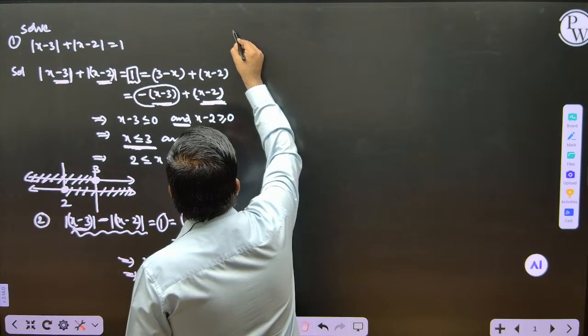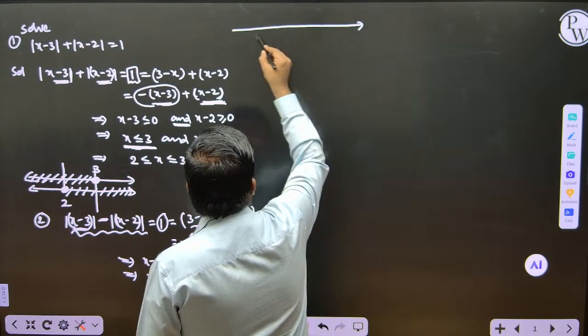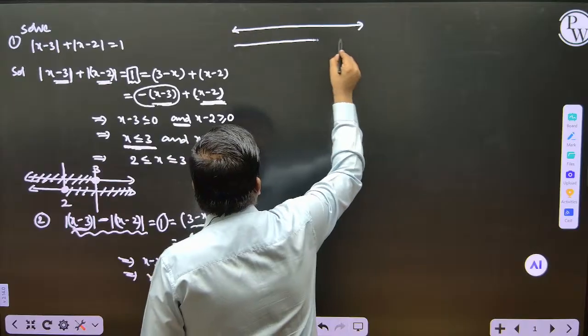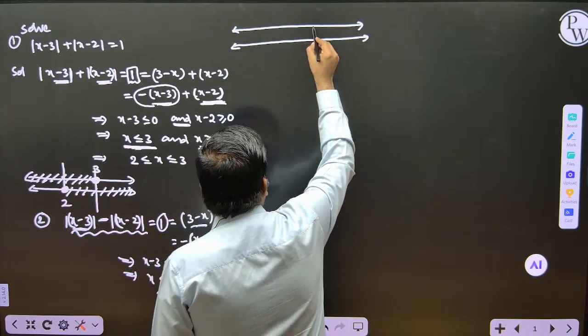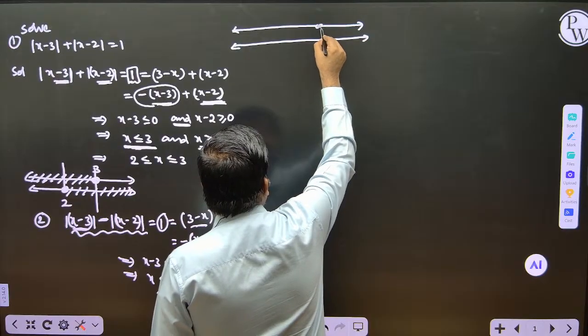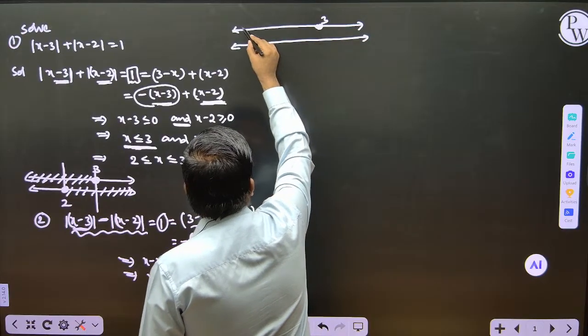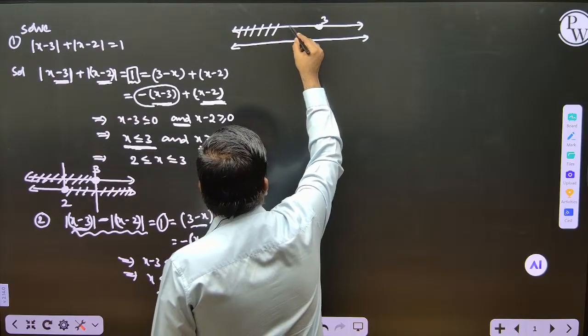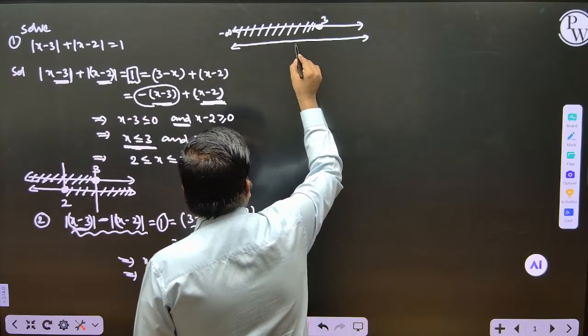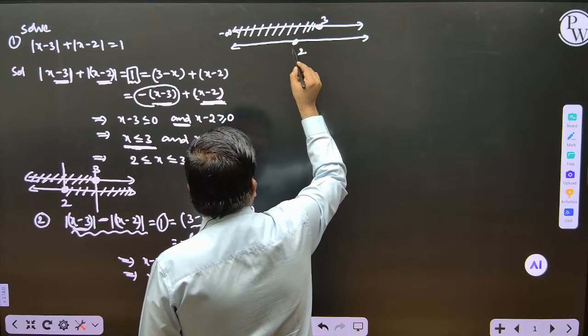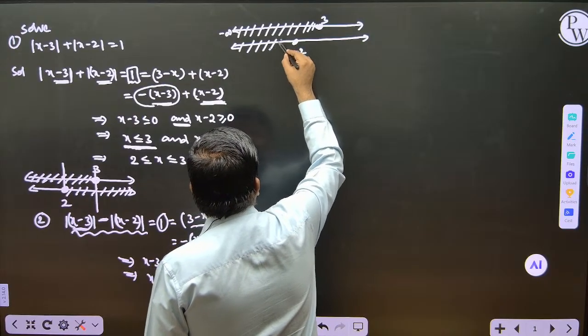So that's why, look here. 3, here 3 is less than or equal to this, so where does it move? Minus infinity. Next here is 2. This is also less than or equal to 2.